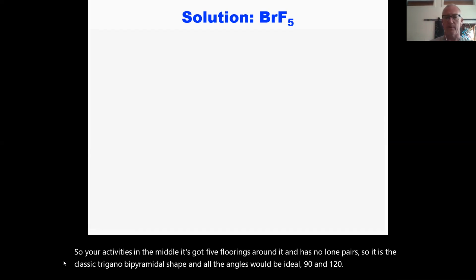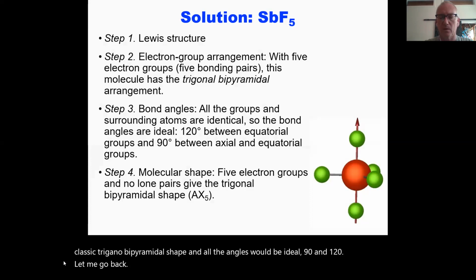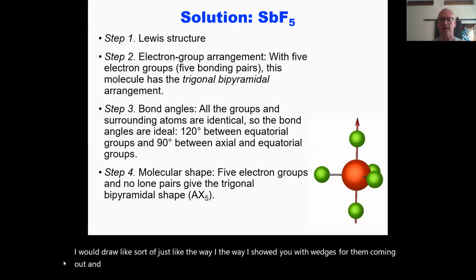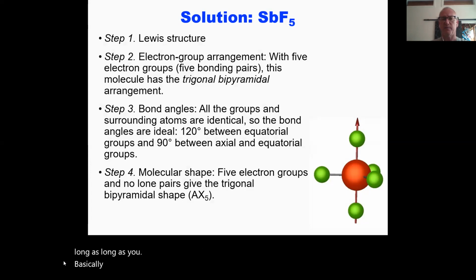Professor, on the test, did you want us to draw the 3D version? I would draw it the way I showed you, with the wedges for them coming out and the hatch marks going back. Or you could draw it like that. Either one, as long as you basically show me where the atoms are.